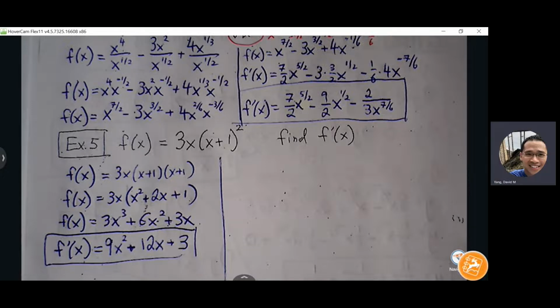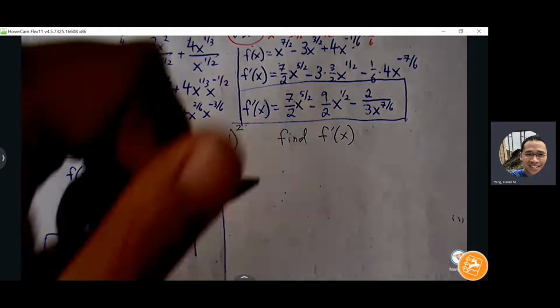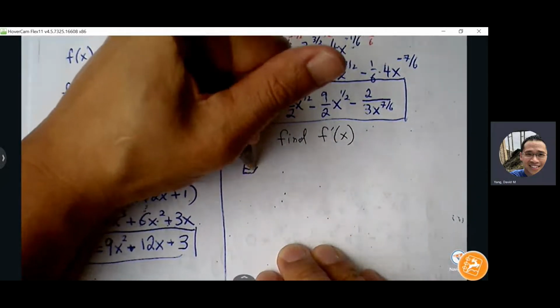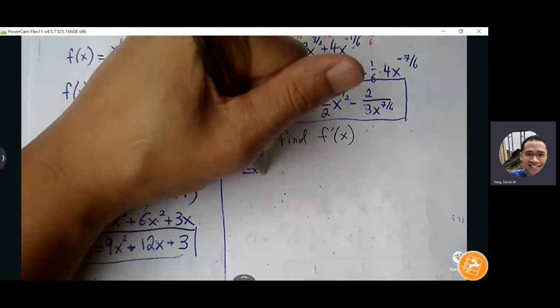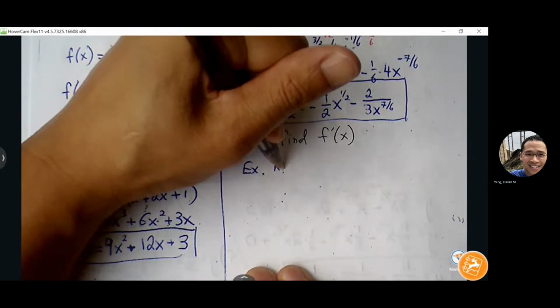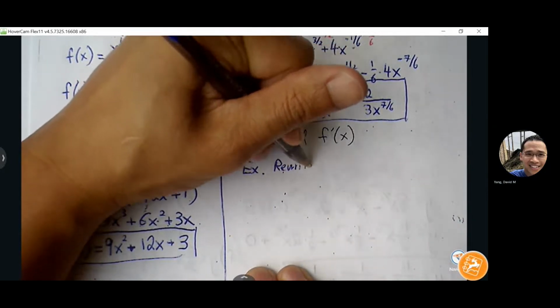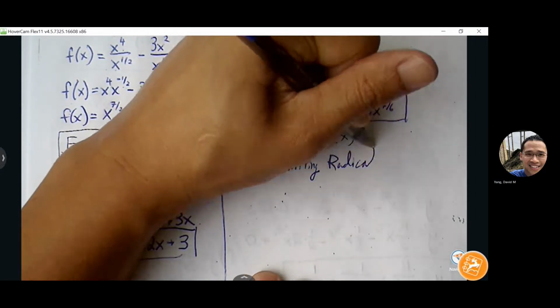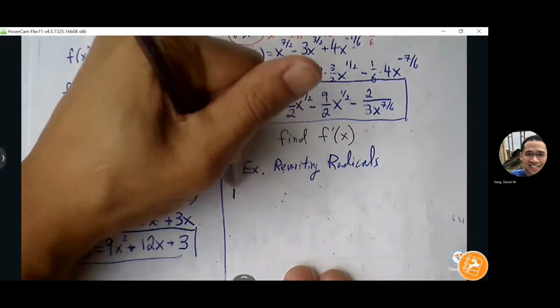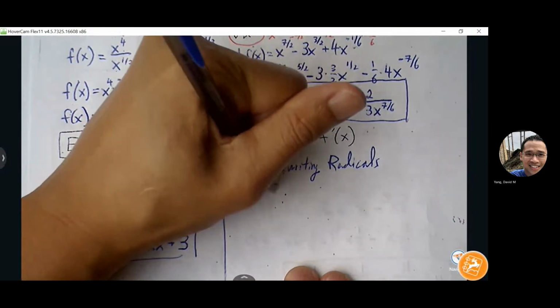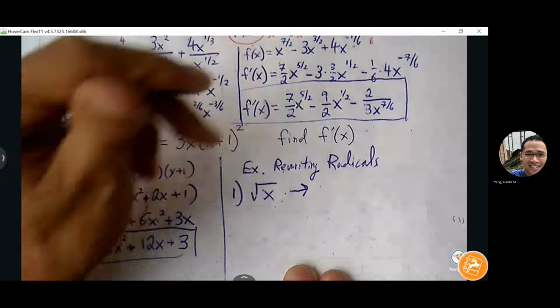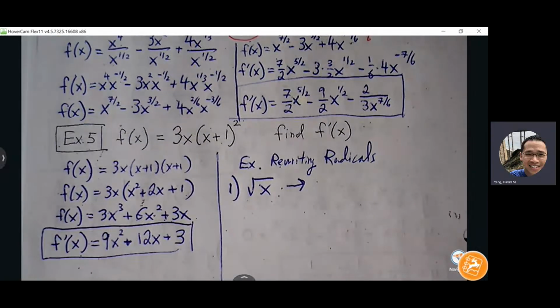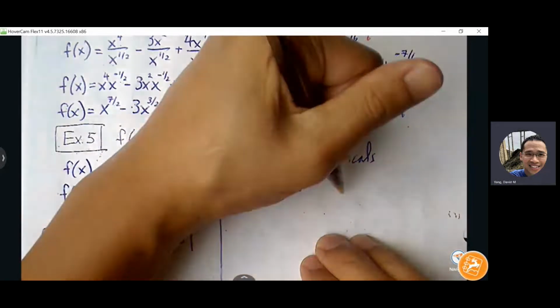I want to do some examples, but before we jump into that, I just want to do a quick review of converting from radicals to rational. Okay, so again, how would you rewrite square root of x to turn it into rationals? x to the 1/2.